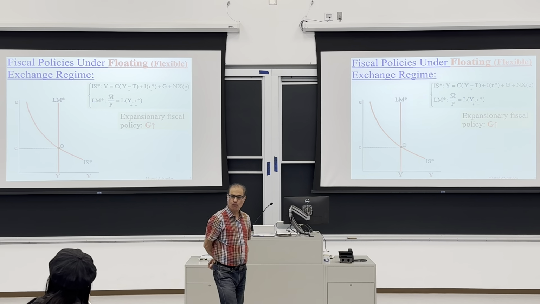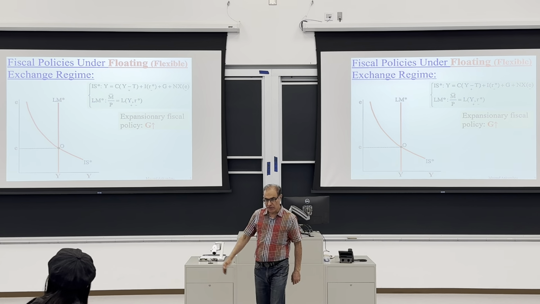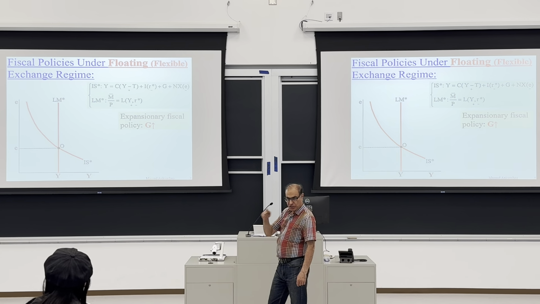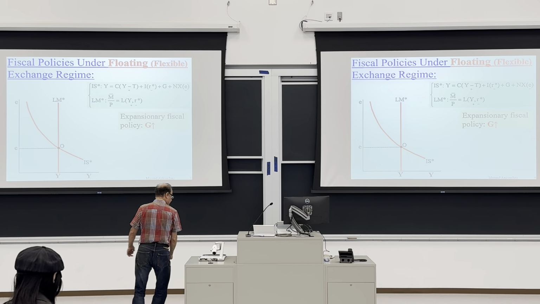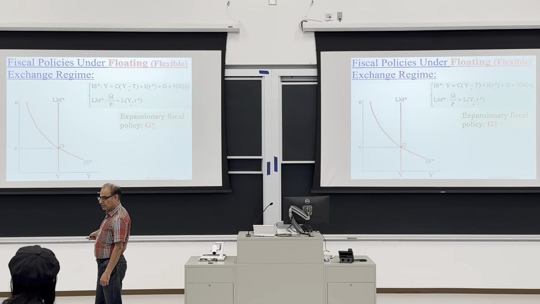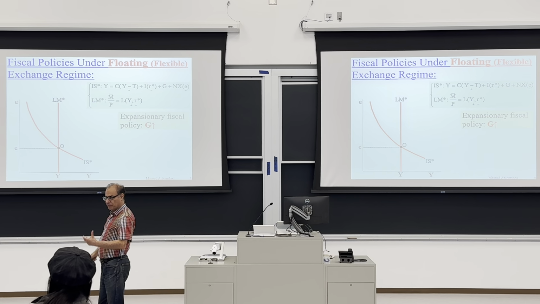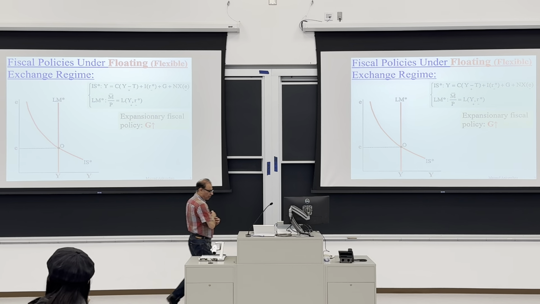Part 1. Graph. So you remember IS always, higher G shifts IS to the right. You remember that? Okay. Because G is what? Government demand. So at any exchange rate, government demand would increase total demand.